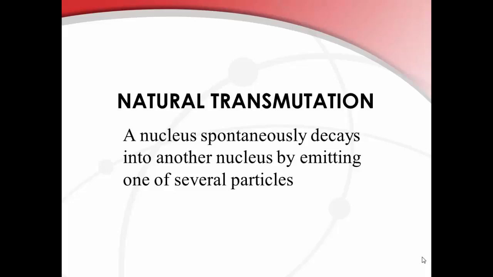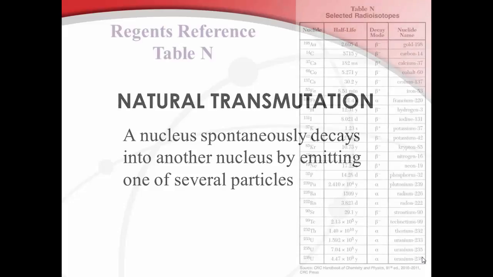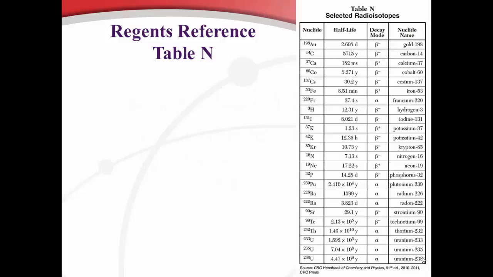Natural or spontaneous transmutation occurs in an unstable radioactive element which decays into a series of other elements until a stable nuclide is formed. Regents reference table N shows a variety of radioactive nuclei in the first column.